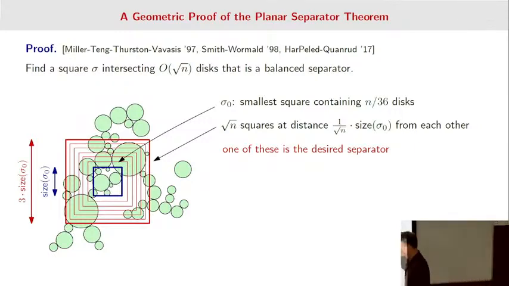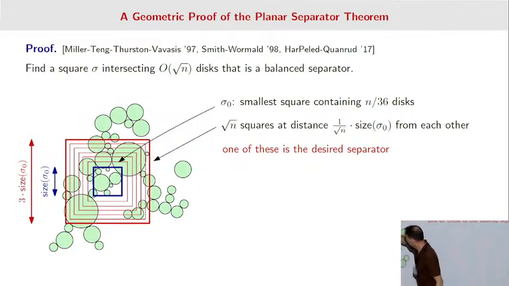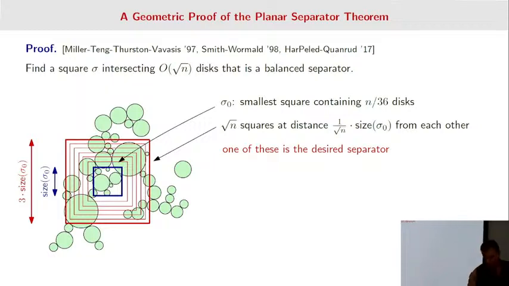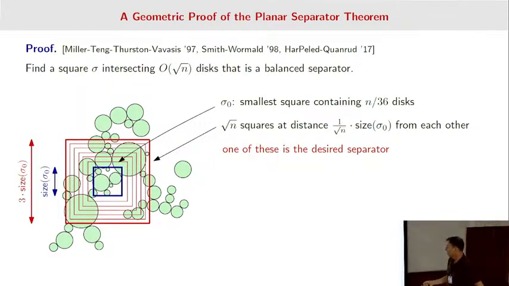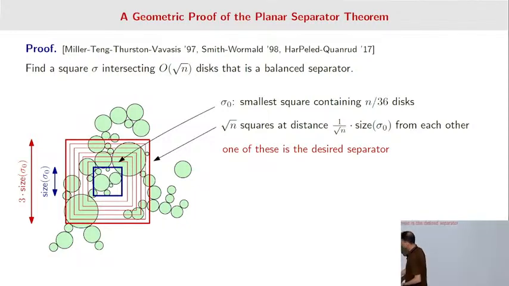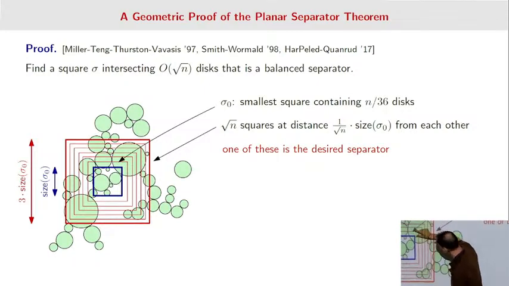Okay, so one of these red squares is going to be my separator, and I put square root of n of them at equal distance. So if I assume that maybe this is 1, then these distances are 1 divided by square root n.